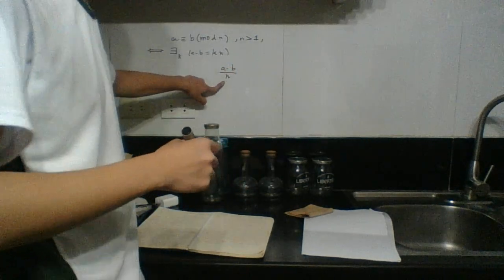If I were to put it in words, two integers a and b are said to be congruent modulo n if n is a divisor of their difference. So a minus b over n has no remainder.